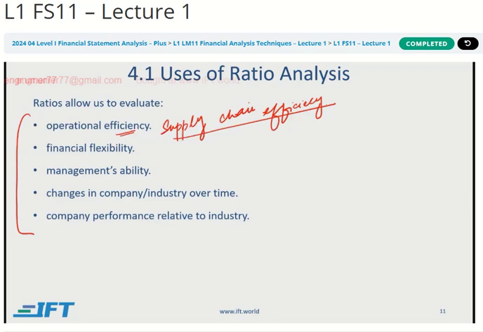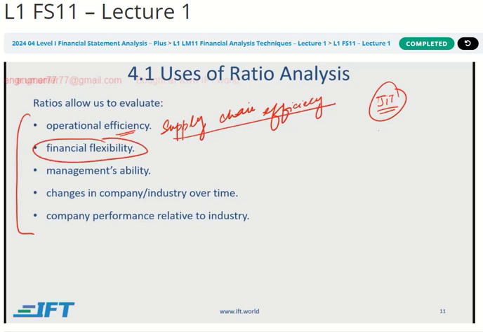Certain Japanese companies like Toyota are very efficient. They've got just-in-time inventory, which means they don't keep any extra inventory. When they need to order, that's when they tell the supplier, and the supplier directly delivers it. So this type of ratio analysis helps us find out how efficiently a company is managing its operations.